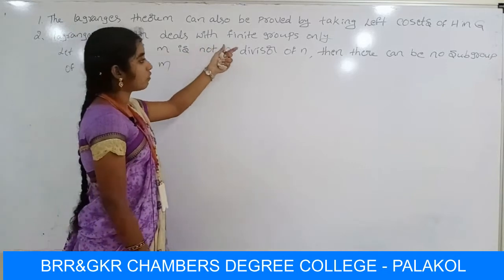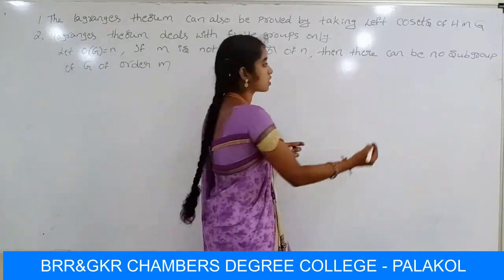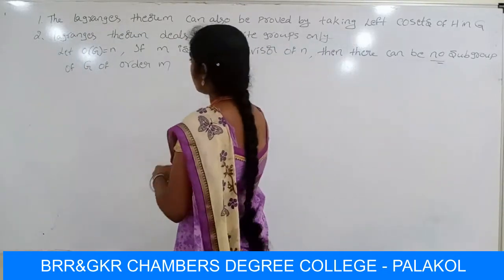If m is not a divisor of n, then there can be no subgroup of G of order m.